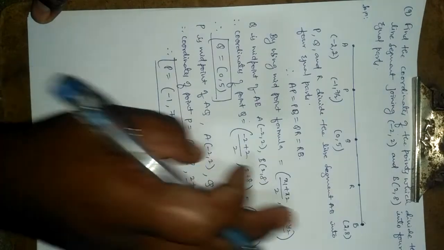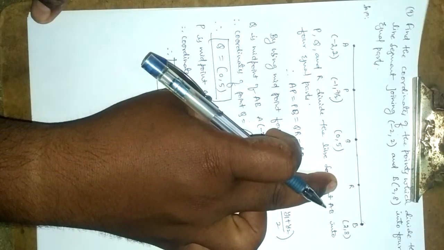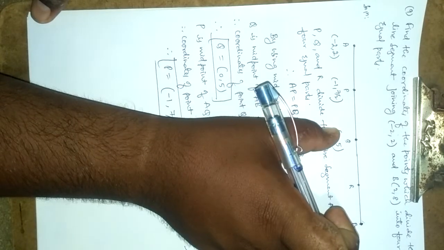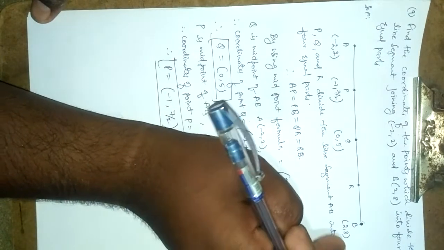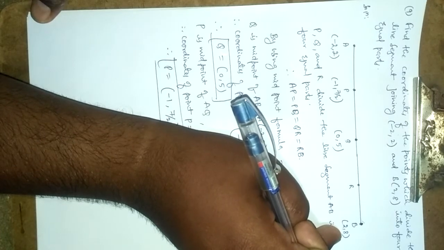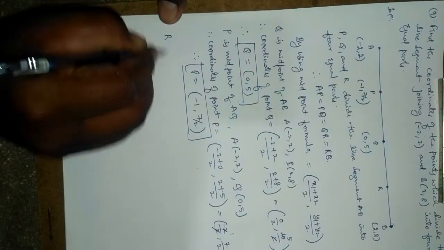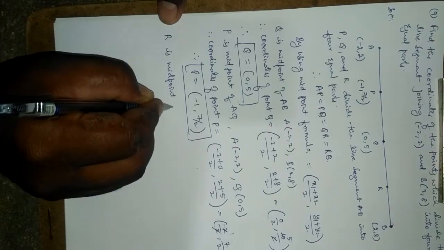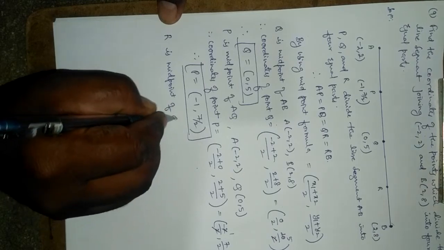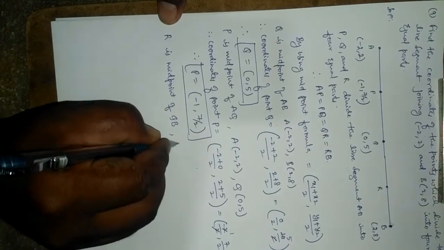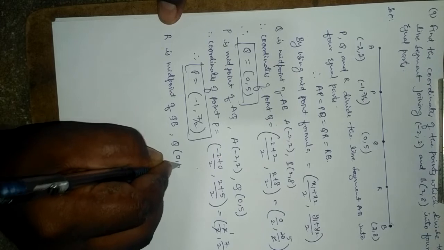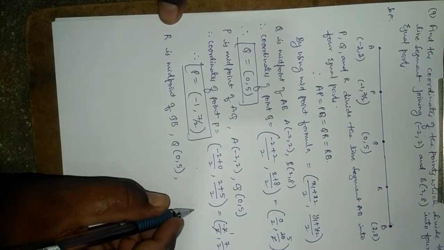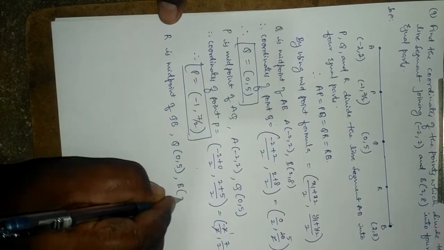Now to find the coordinates of point R. R is the midpoint of QB. So by using the coordinates of Q and the coordinates of B, we have to find the coordinates of point R. So what do you have to write here? R is the midpoint of QB. The coordinates of Q are (0, 5). The coordinates of B are (2, 8).